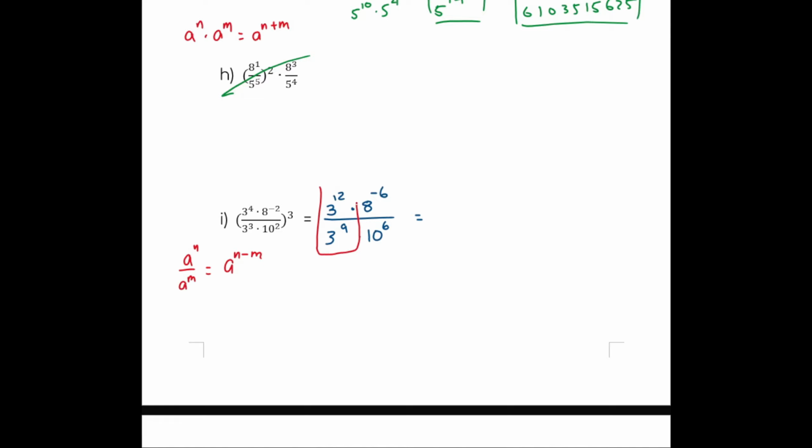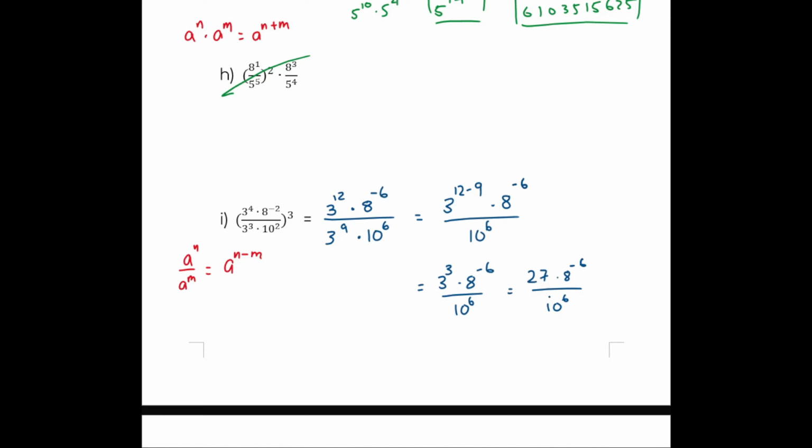Imagine you block off this side and just look at this fraction alone. 3 to the 12 over 3 to the 9, we just write 3 to the exponent of the numerator, which is 12, minus the exponent in the denominator, which is 9, times 8 to the minus 6 over 10 to the positive 6. So that's 3 to the 3 times 8 to the minus 6 over 10 to the 6, which is 27 times 8 to the minus 6 over 10 to the 6.